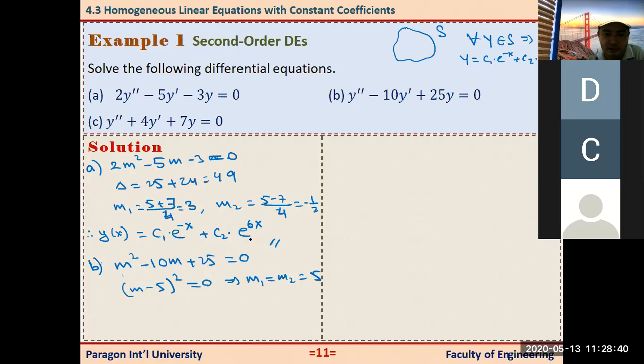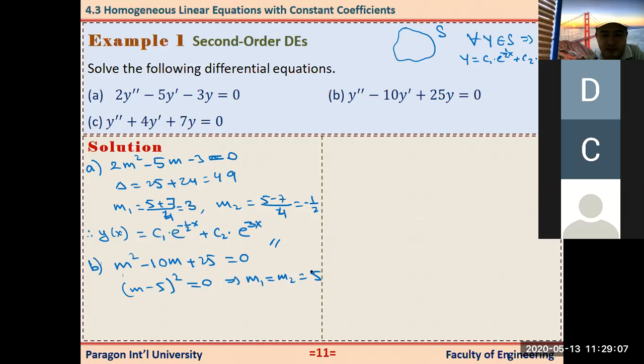So here this will be minus 1 over 2 x, right? And here we have 3x. Okay, and also here 1 over 2 and 3x. Okay, fine. Thank you very much.